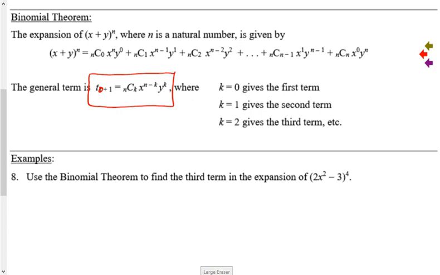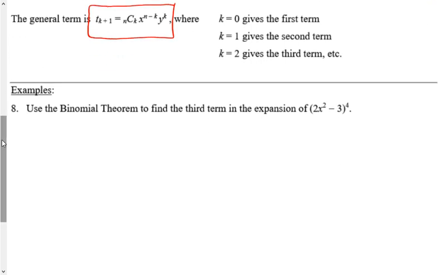Let's just use this in a question and then talk about it as we do it. We want to find the third term. I want to know term 3. Because I have this formula, term k plus 1, I'm going to turn this into term 2 plus 1. Why?